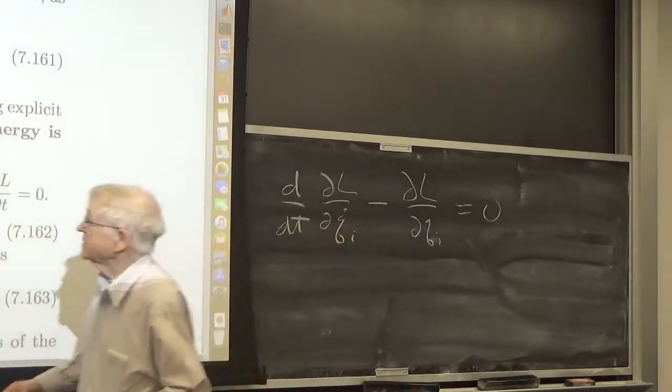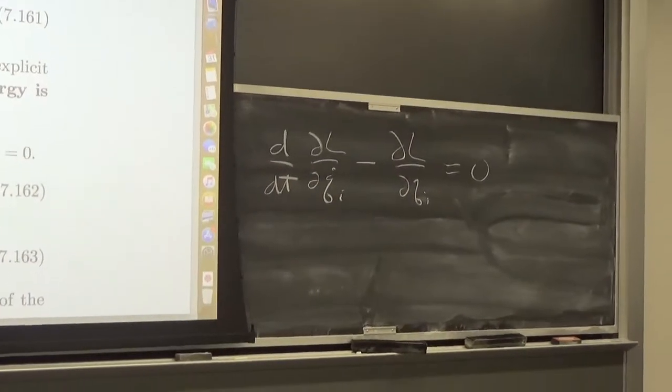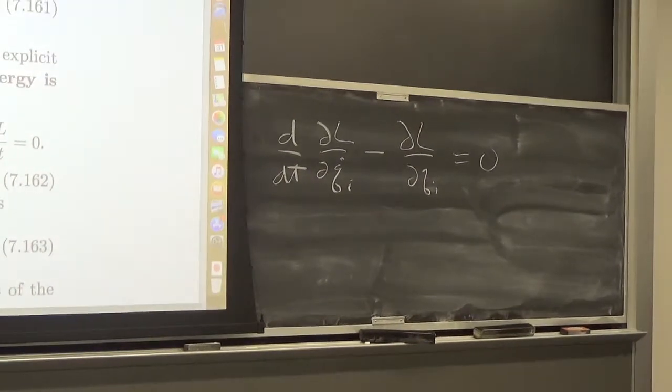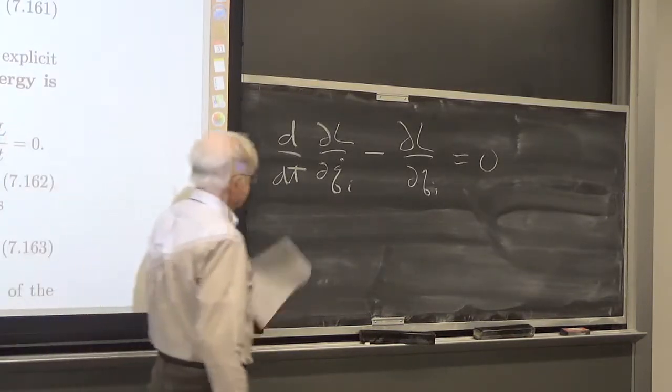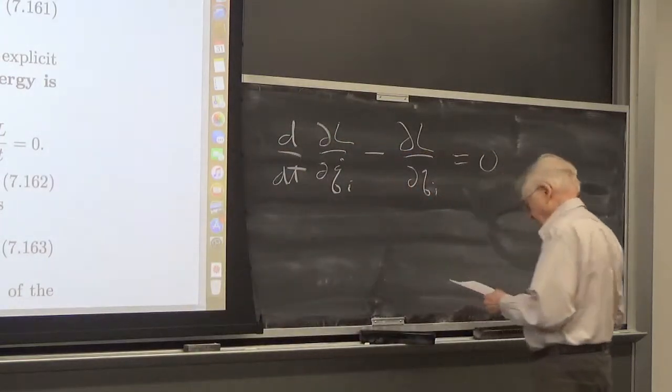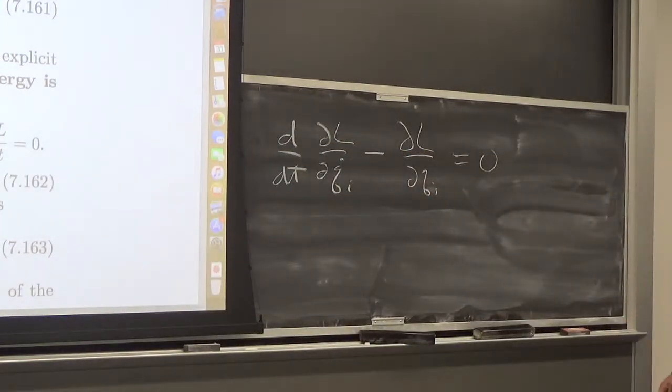So this term in parentheses has to be 0 identically. And conventionally, one puts the d by dt part there first.